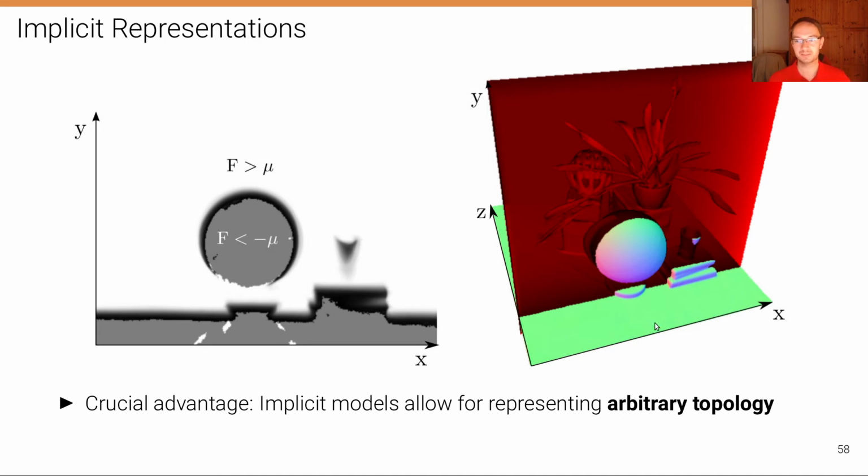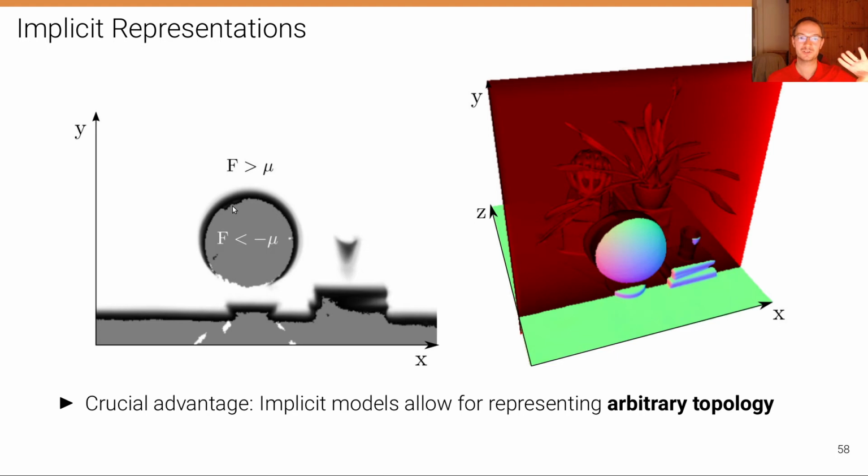For example, in this case here, if you look at this scene and you take this slice, this red slice through that scene, and that slice in XY coordinates is represented here, you can see that there are some pixels in that slice where the function value, the SDF value, is smaller than 0, and there are some areas where it's larger than 0. And by just changing the corresponding voxels, you can change topology.